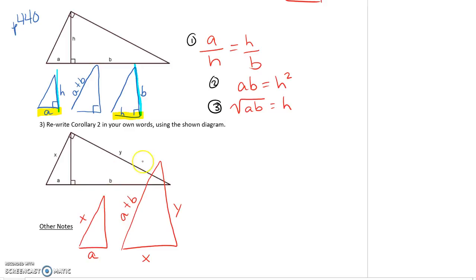And then I have the little triangle on the right. I should call it the medium triangle. By the way, terrible pictures. Hopefully you see what I'm doing.